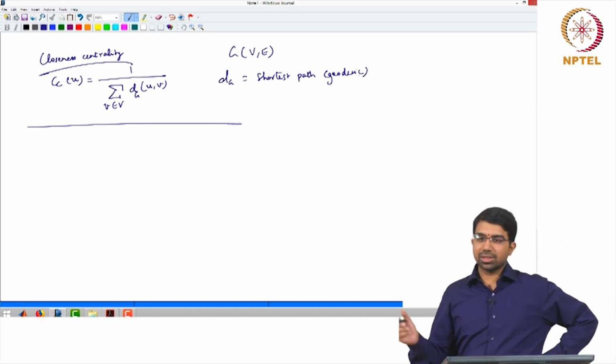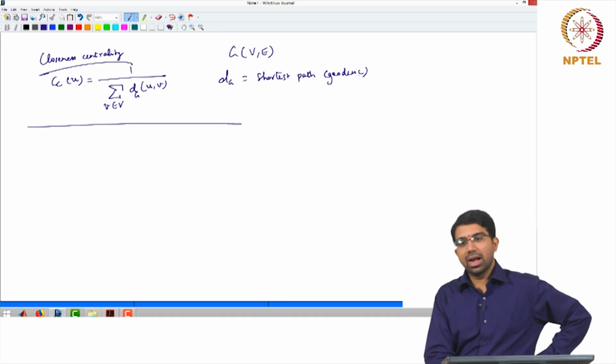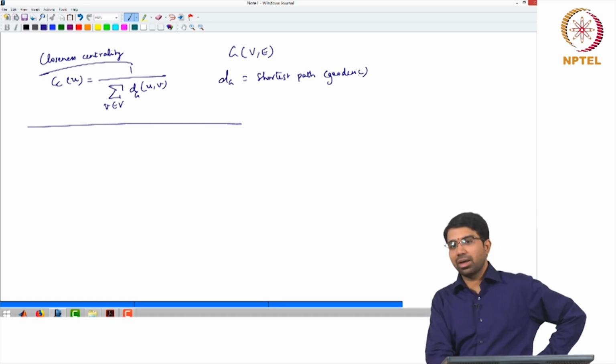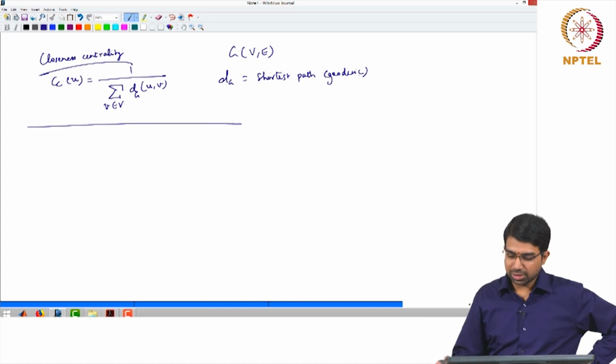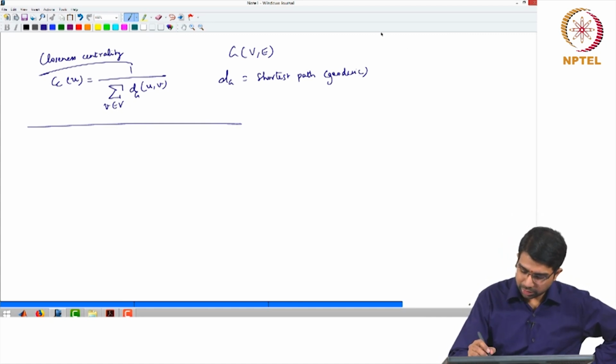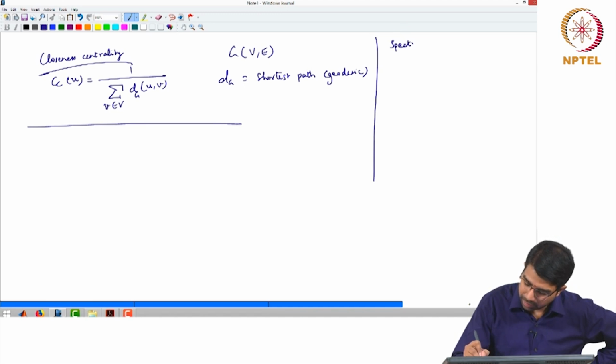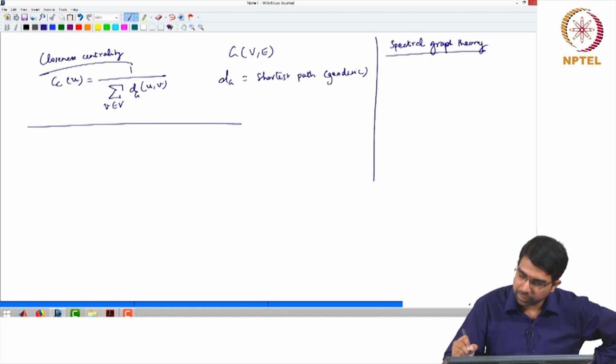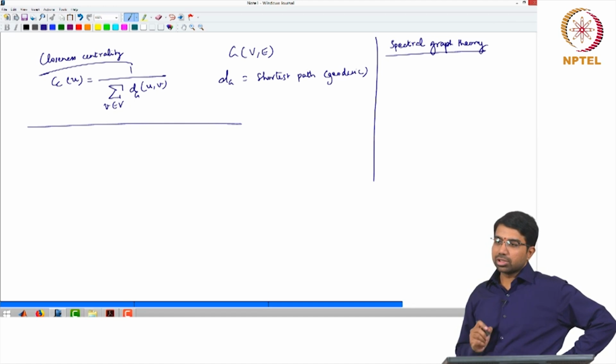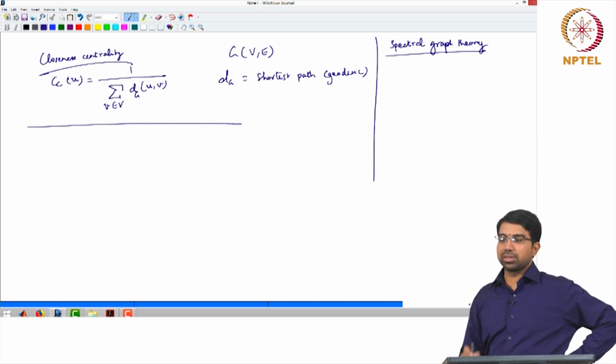Now that you asked that, let us take a small detour and look at a very interesting concept. There is a whole branch of graph theory known as spectral graph theory, which studies a bunch of matrices.